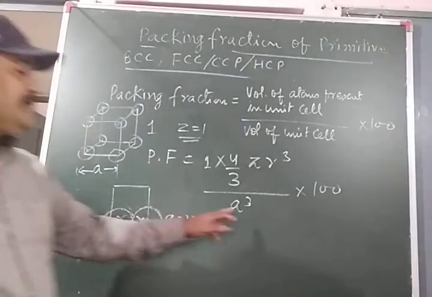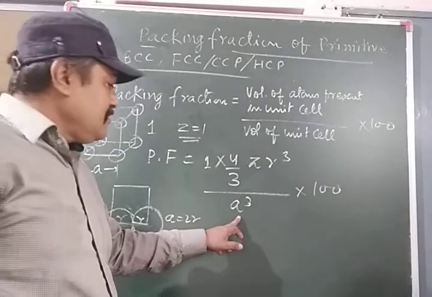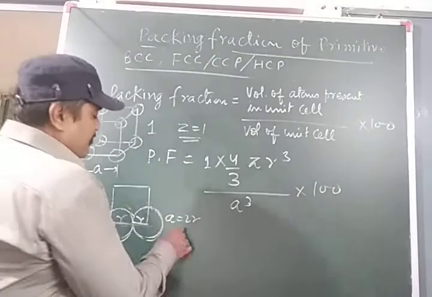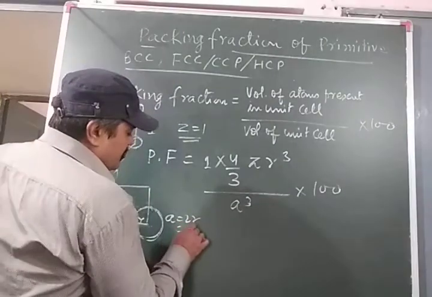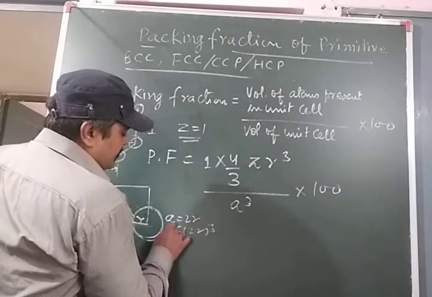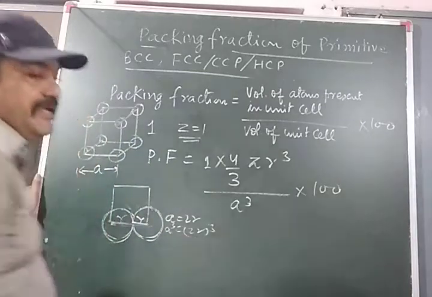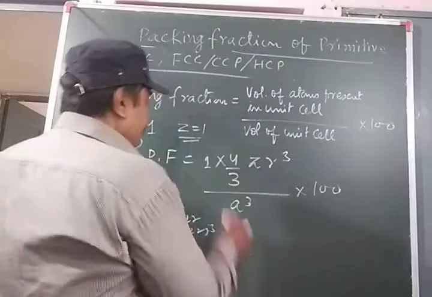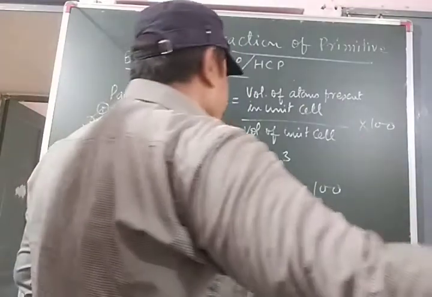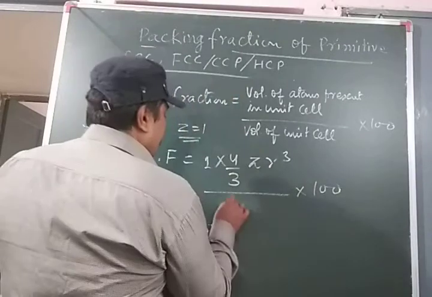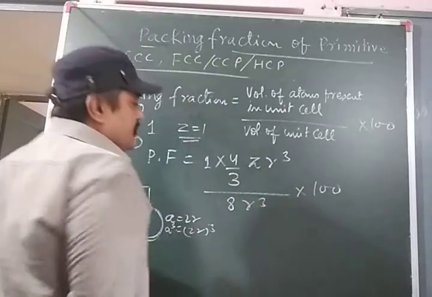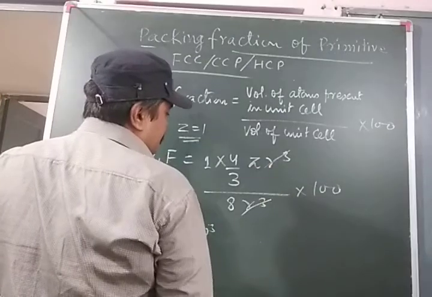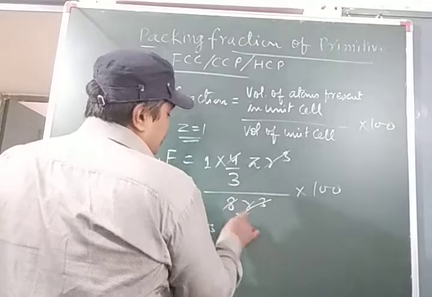So here we can replace A cube in the form of R. So A cube equals cube of 2R, so this will be 8R cube. So I am putting here 8r cube in place of A cube. This r cube cancels with this one, and 4 by 8 gives 2.